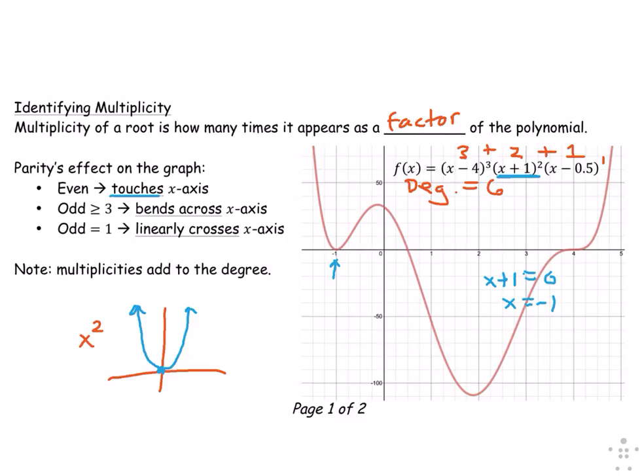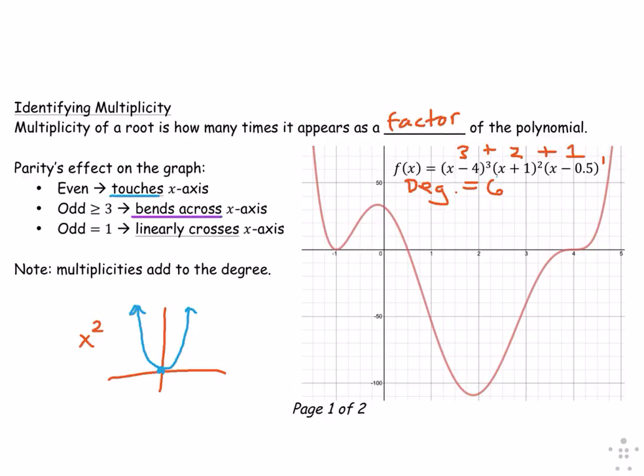And then if you have an odd multiplicity greater than or equal to 3, you have the following result. It's only going to bend across the x-axis.